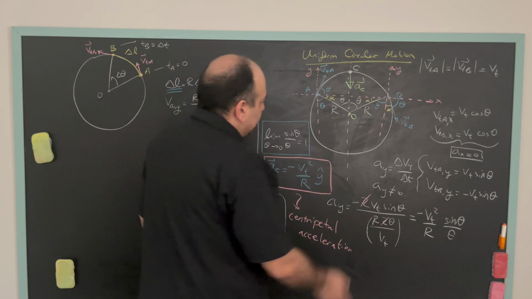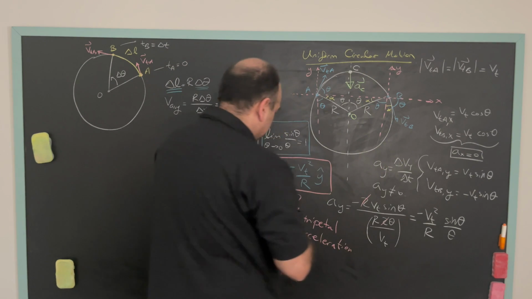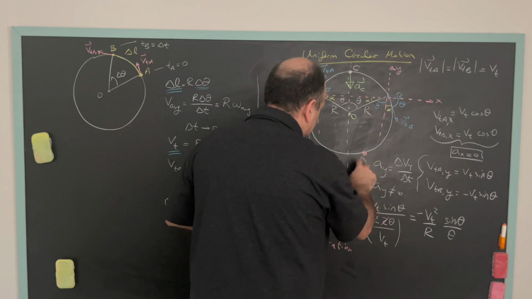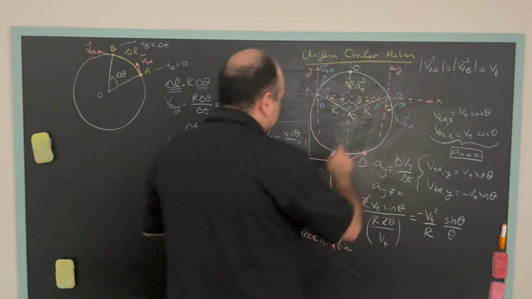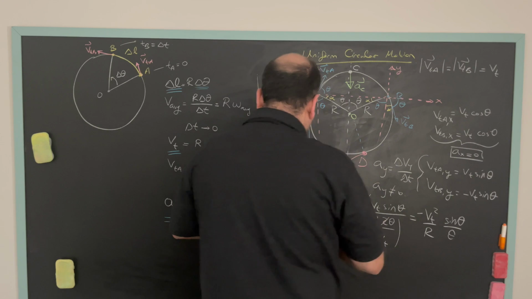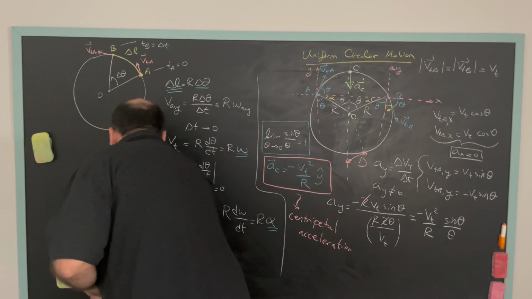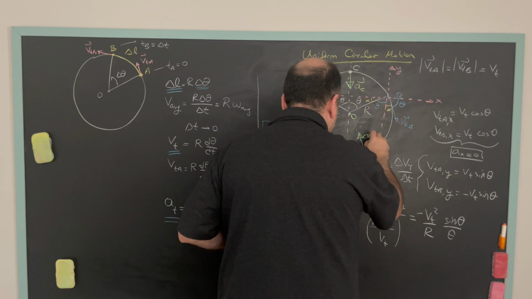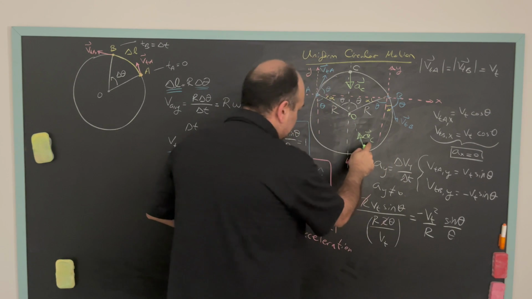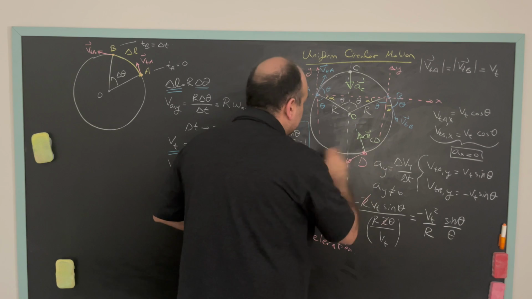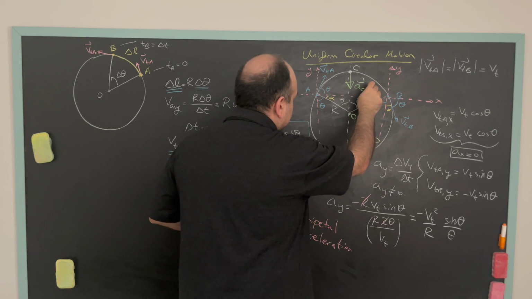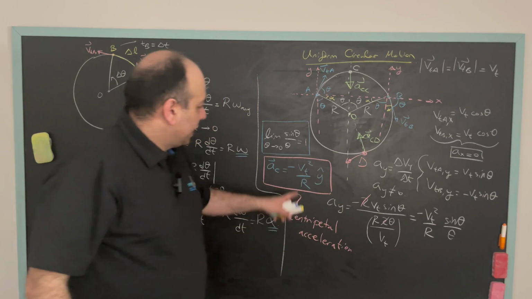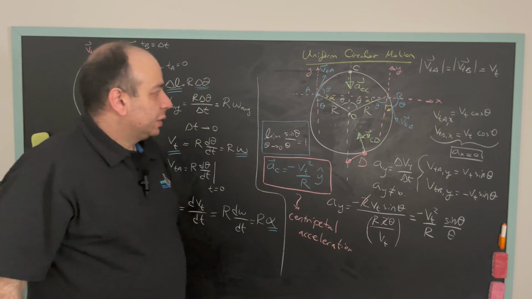So if we picked any point here, let's say point D here, this is my radius vector, so the acceleration would point simply towards the center. So this is the centripetal acceleration at point D. This is the centripetal acceleration at point C. So this would also have the value minus Vt square over r.